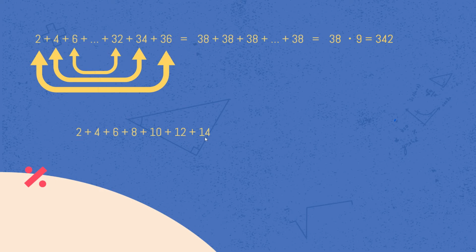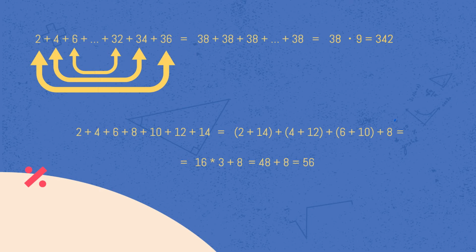We have 2 plus 14, 4 plus 12, 6 plus 10, but we have 8 left over. Well, this 8 is the median of our sum. It's the median value among the values of our sum. And so each of the pairs here is 16. So our sum is just going to be 16 times 3 plus 8, 48 plus 8, which is equal to 56.